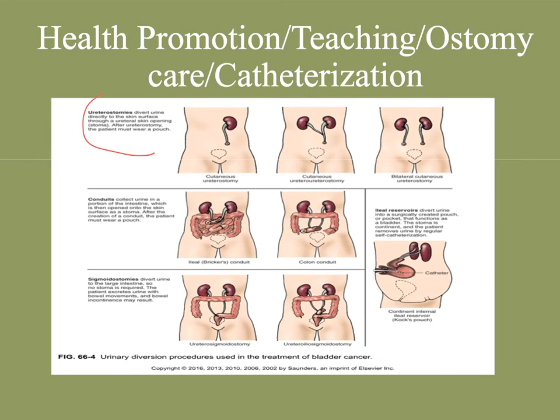This is a ureterostomy, the conduits, and then the sigmoidostomies, where at times they can develop a pouch here that they can connect the ureters to, and that's how the patient will be able to take the urine out of the body. Lots of different things, and it depends on the patient and how much the bladder cancer has spread, and how serious the disease is and how advanced it is.